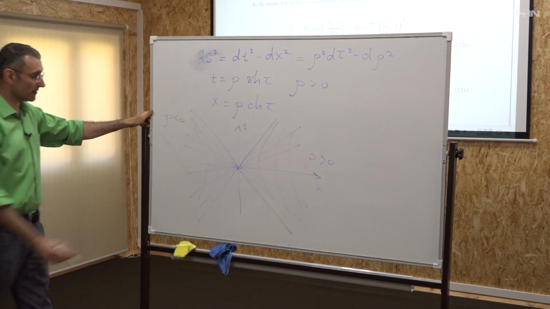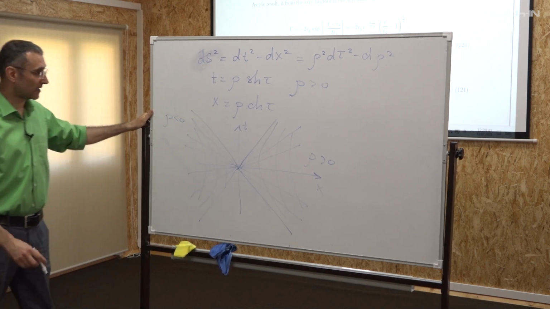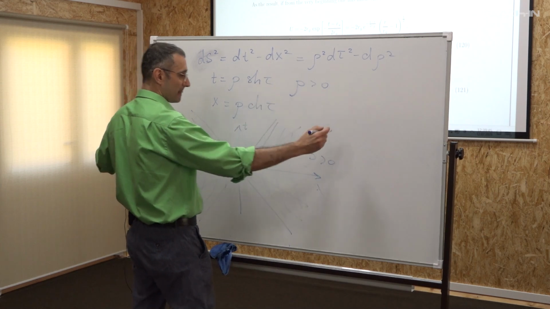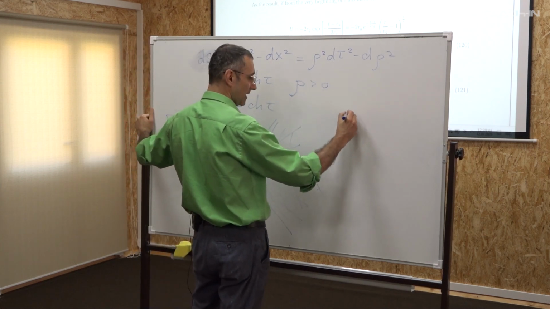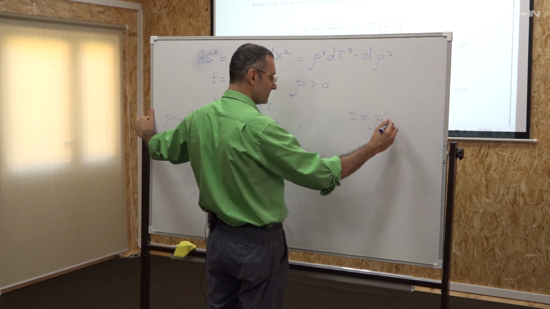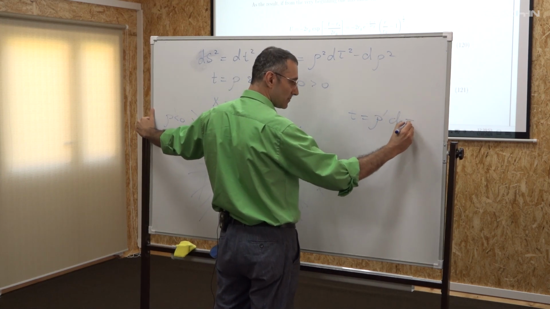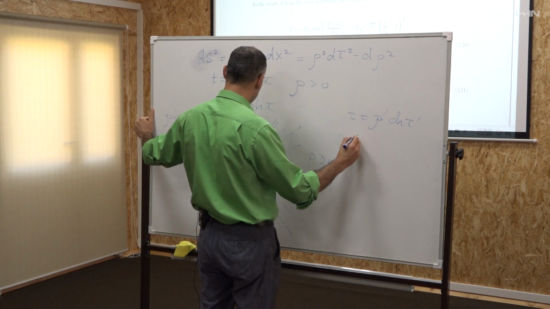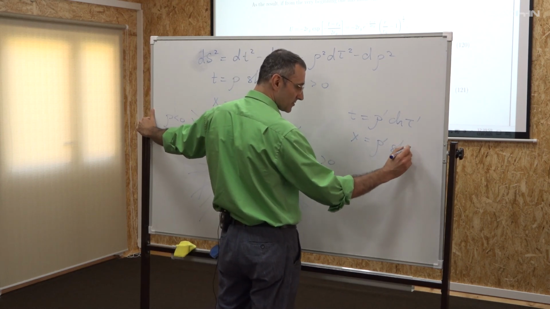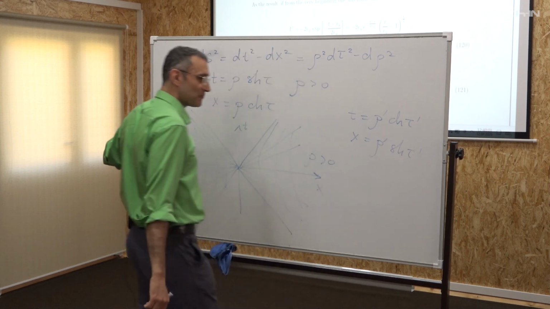Now, if I want to cover this and this quadrant, I can use another coordinate change. I flip: t equals rho prime cosh tau prime and x equals rho prime sinh tau prime.